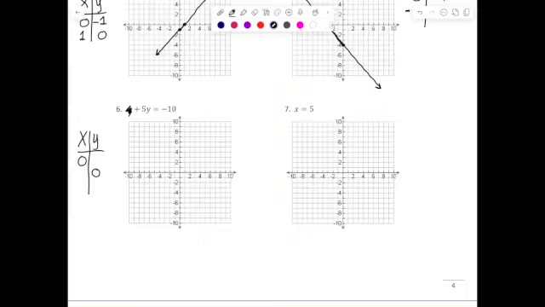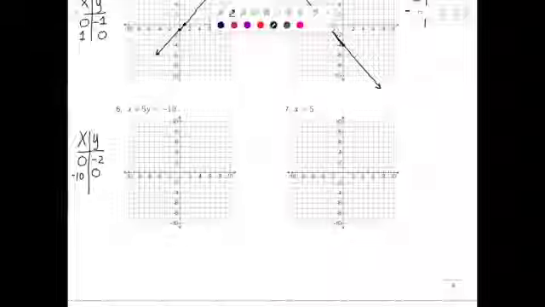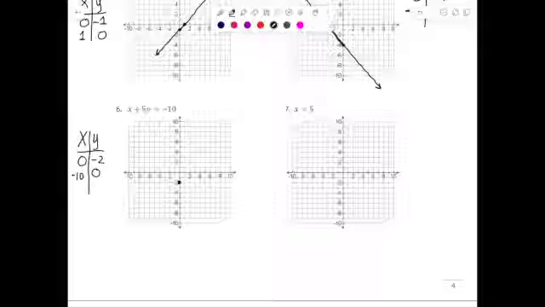Now you just have 5y equals negative 10. You can solve that in your head, right? Negative 2. Now, if I plug in 0 for y, this is going to go away, and I get x equals negative 10. That's why it's easier when you see something in standard form to plug in the intercepts and find them first. So plotting 0, negative 2 is going to be here, and negative 10, 0 over here.